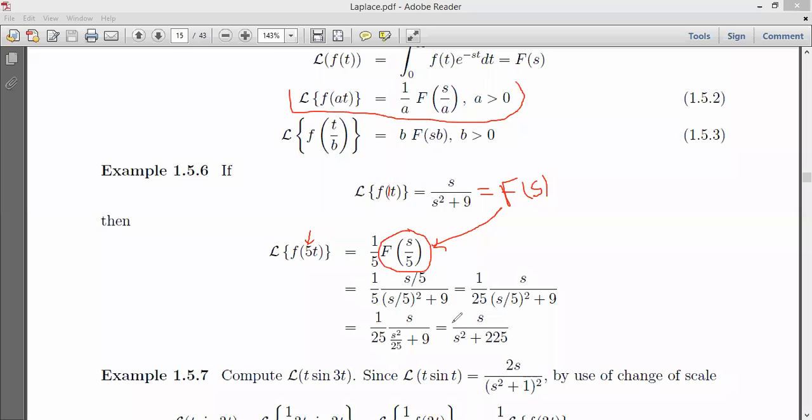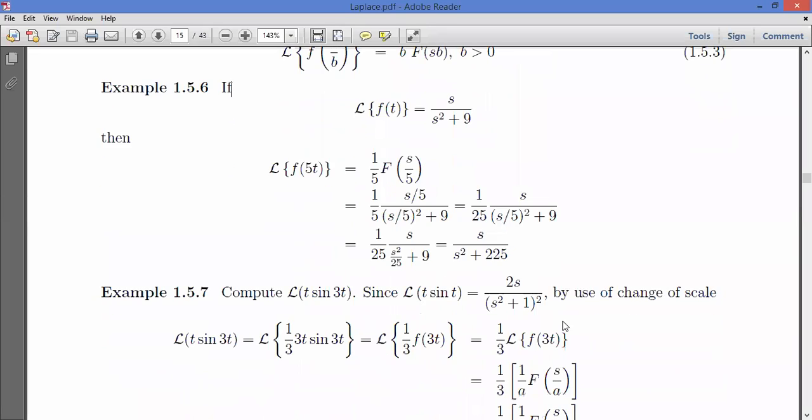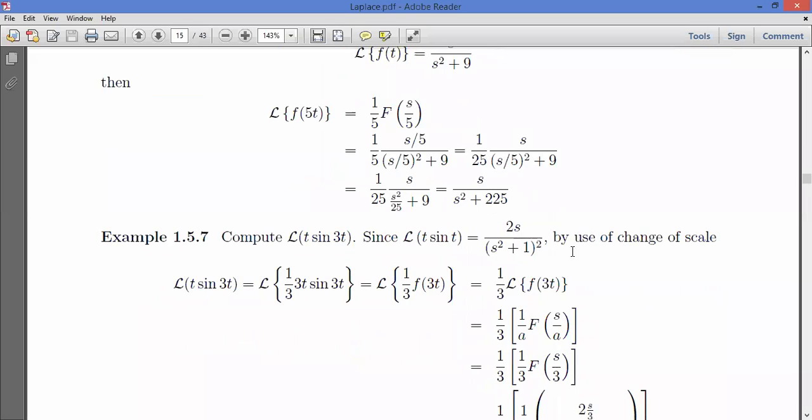When you expand, you end up with this as the final answer. That one is finished. Good. We can proceed. I'm just applying some of the concepts we've discussed for change of scale, and everything comes out directly. Okay, that one was that.